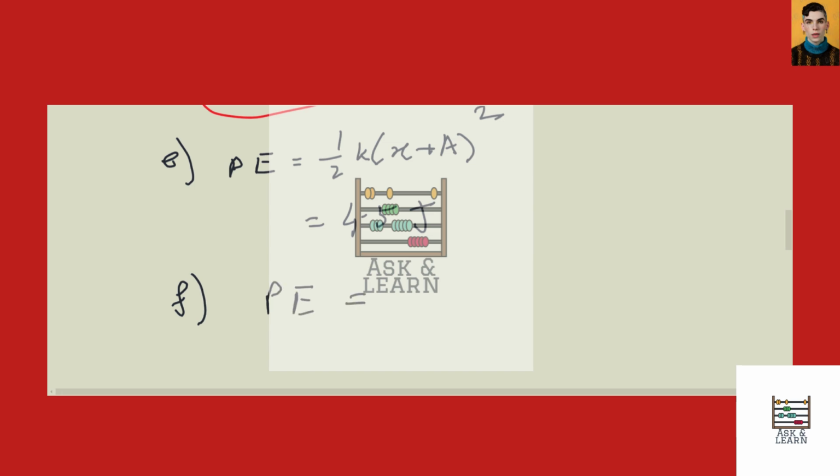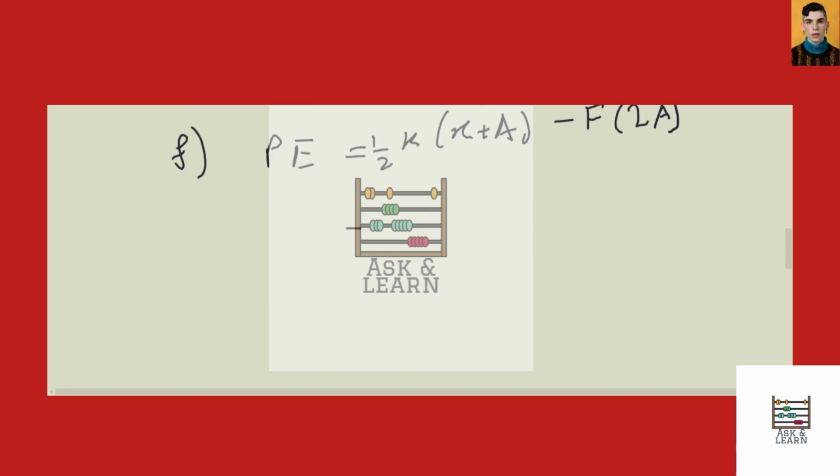So here we have half k x plus a whole square minus F times 2a, because 2a is the distance between two extremes, right? So this gives us, if you calculate, this will be equal to 0.5 joules.